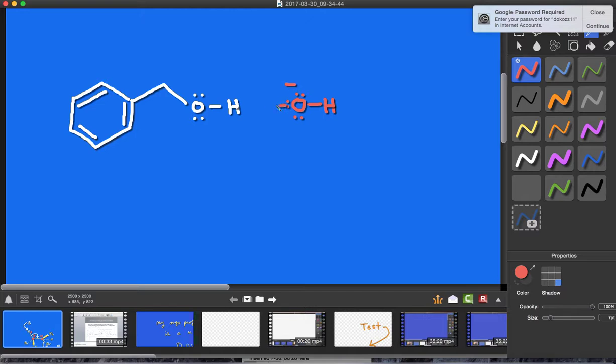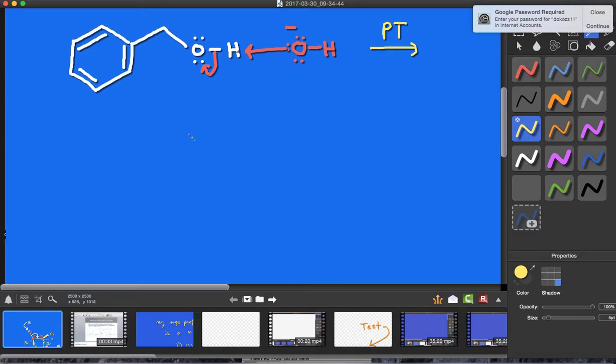So the first step of this mechanism is a proton transfer. The purpose of the proton transfer is to increase the nucleophilicity of the alcohol by converting it to an alkoxide. So again, proton transfer. And now this will be phenyl methoxide, which is a much more reactive nucleophile.